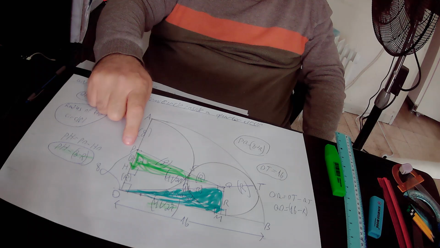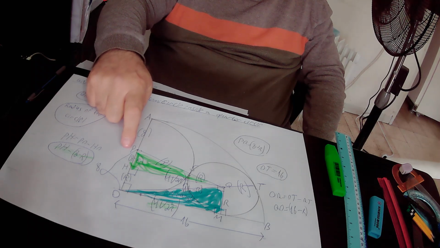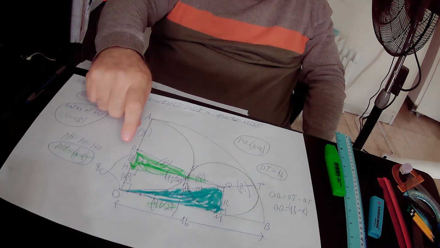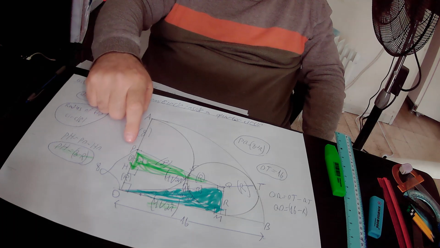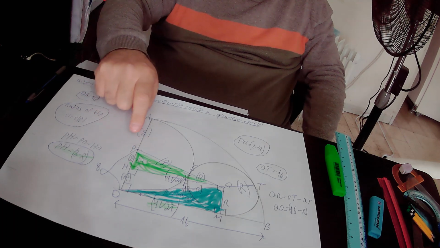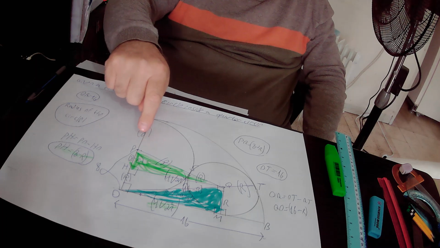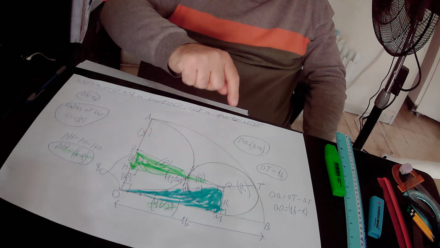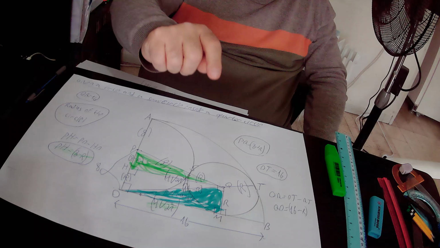So PH equals PO, that is 8, minus HO, that is R. So PH in total equals 8 minus R, and the hypotenuse of the right triangle PQH equals 8 plus R, and HQ is the missing side.